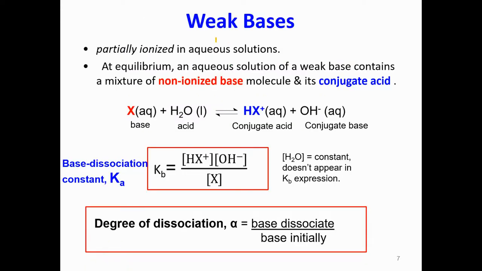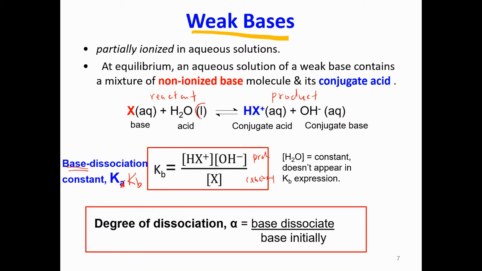Now, the same goes for weak base if we want to look at Kb. So in your notes, please make correction. It should be Kb. B stands for base. Same thing again. The expression for Kb is product over reactant.